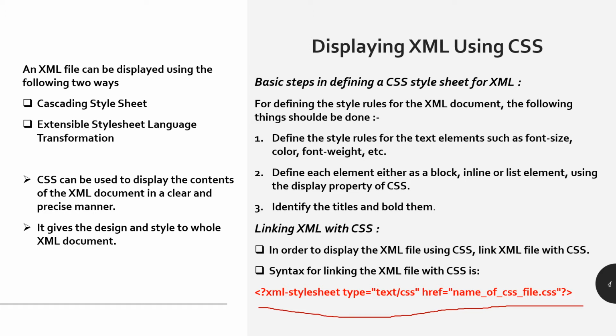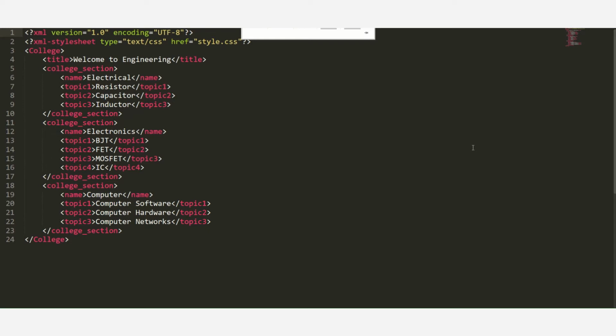Now we are going to see the illustration of how to display content using a CSS style sheet. Here it is specified that this is the style sheet used, style.css. This is the actual file. Here this is the title to be displayed.